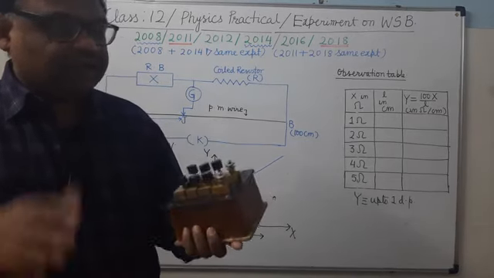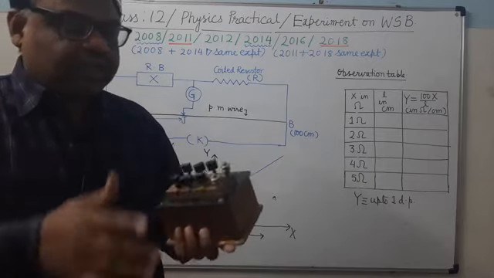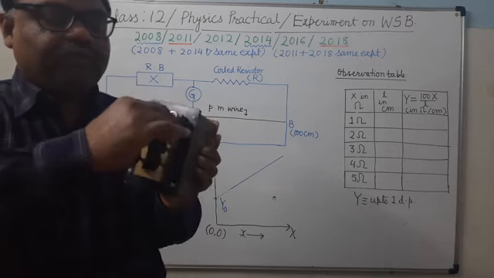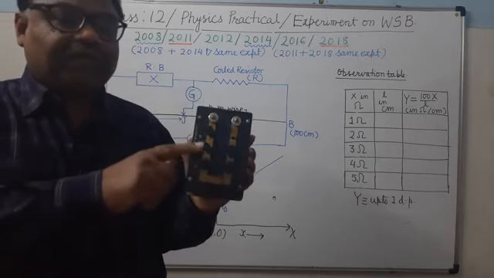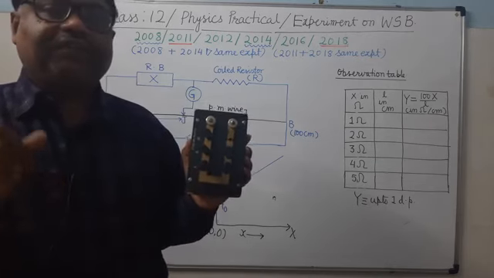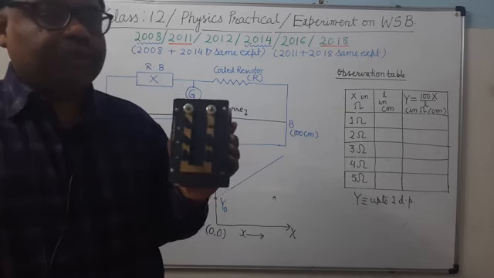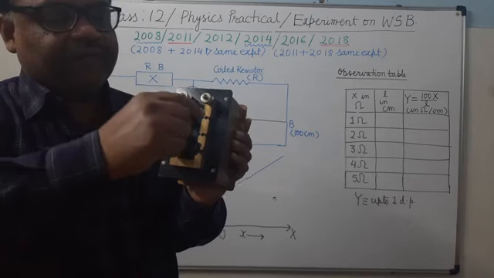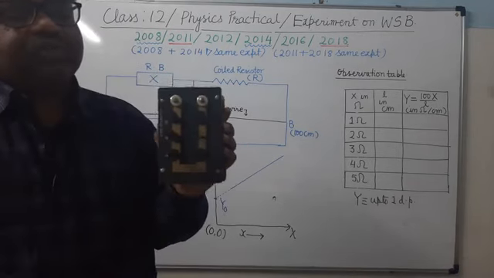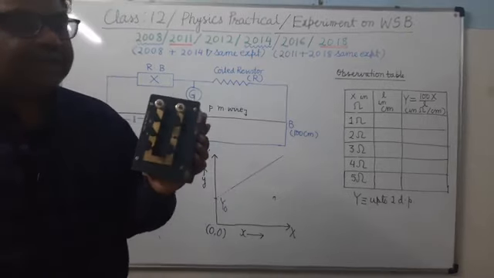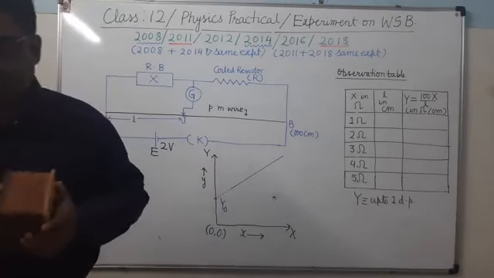For example, if you have to insert 1 ohm resistance in the circuit, you take out the 1 ohm plug, but the rest of the other keys should be tightly fixed. It's clear? In order to introduce 2 ohm, you take out the 2 ohm plug and the rest should all be fixed tightly. It's clear?